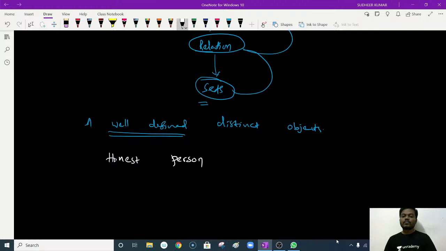Take another example, which gives a clear idea. A good book in a library: what is a good book in a library? Does it belong to well-defined or not?